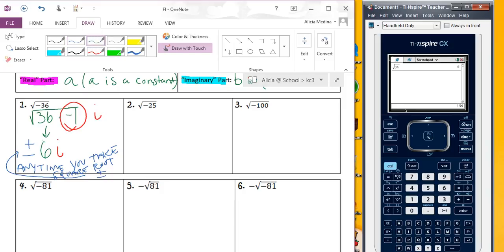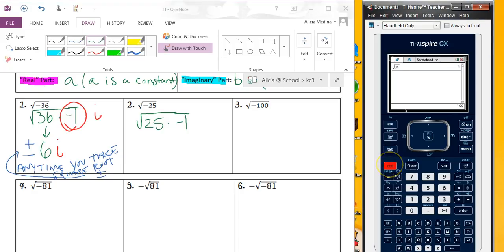I have the square root of a negative 25. Again, if I were to plug a negative 25 into my calculator, it comes up as an error. So I have to break it up first by saying 25 times a negative 1. Hopefully we're more familiar with those square roots of perfect squares, but if not, you could use your calculator.